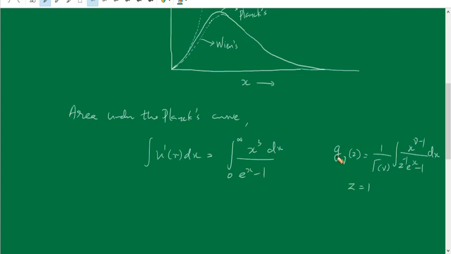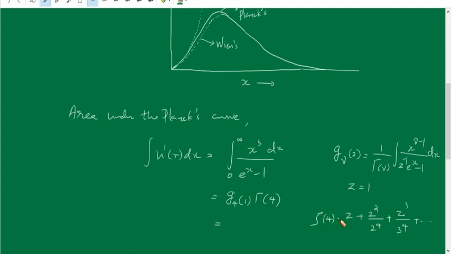So we can write this as g4 of z, that is g4 of 1, times gamma of 4. g4 of 1 is z plus z square by 2 raised to 4 plus z cube by 3 raised to 4 plus etc. So this is nothing but the Riemann zeta function of 4.